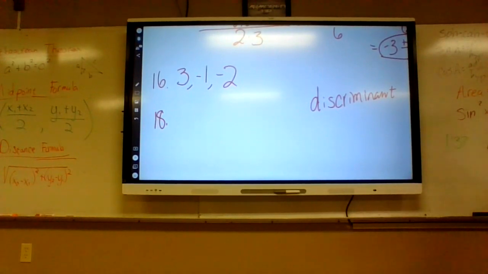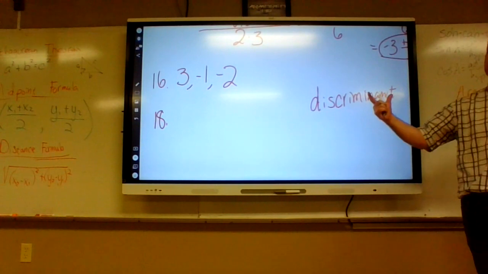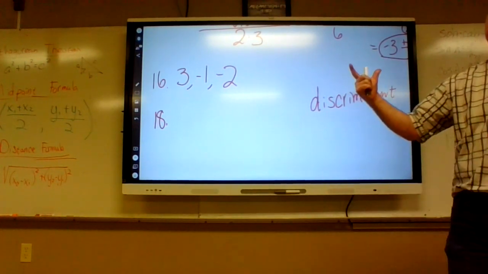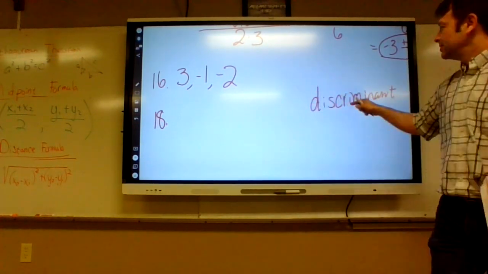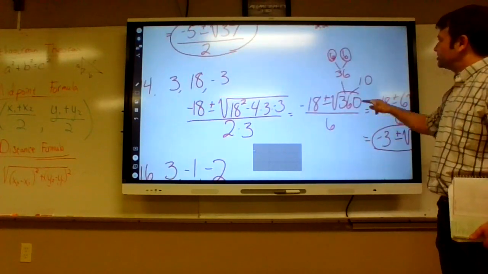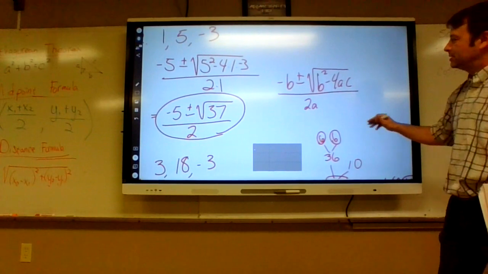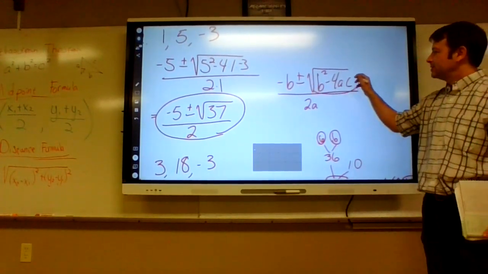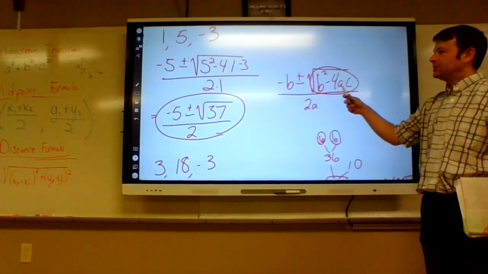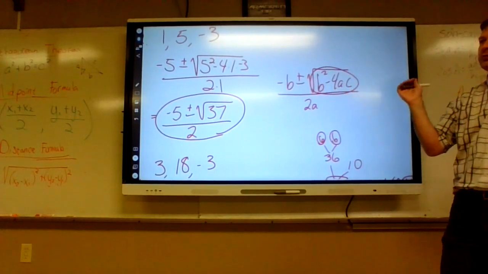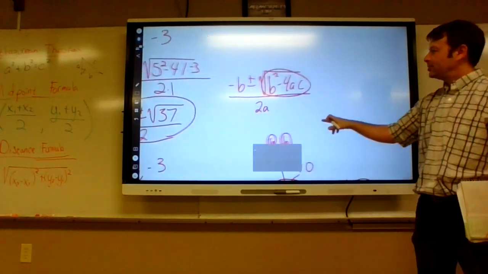The discriminant helps us tell what kind of answers we're going to get when doing a quadratic equation. You guys have any idea what I'm talking about? This is the discriminant, b squared minus 4ac. We just plug stuff into that, remember doing that?